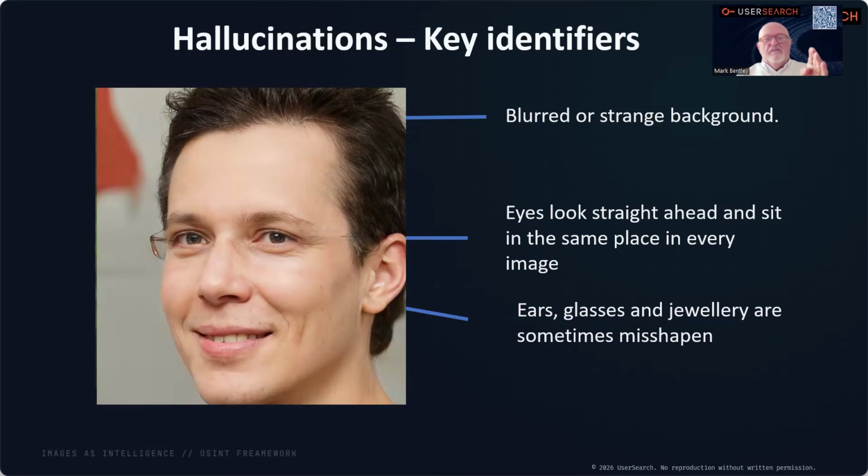But can you see here that we've got glasses on one side, we've just got some glasses on the left-hand side there, but not continuing. The hair is a bit odd. The blurred background, we get that, you know? So eyes in the same place. And it's a thing. But come along on my training and I'll show you how to get around it.